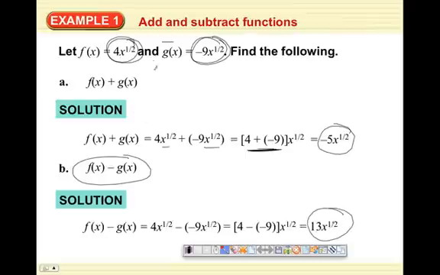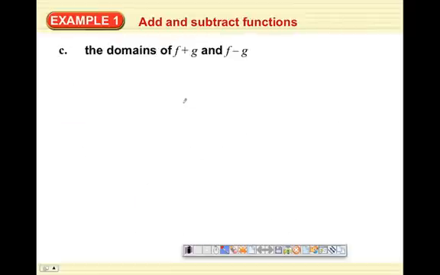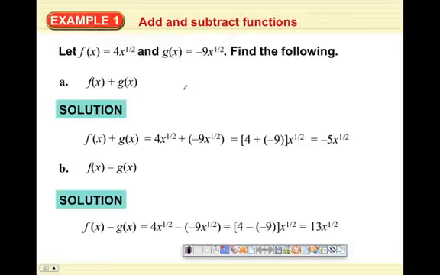We're just adding and subtracting functions, okay? Let's look at this. It says, what are the domains for f plus g and f minus g? Well, f plus g was equal to what? What was it? I forgot already. F plus g.